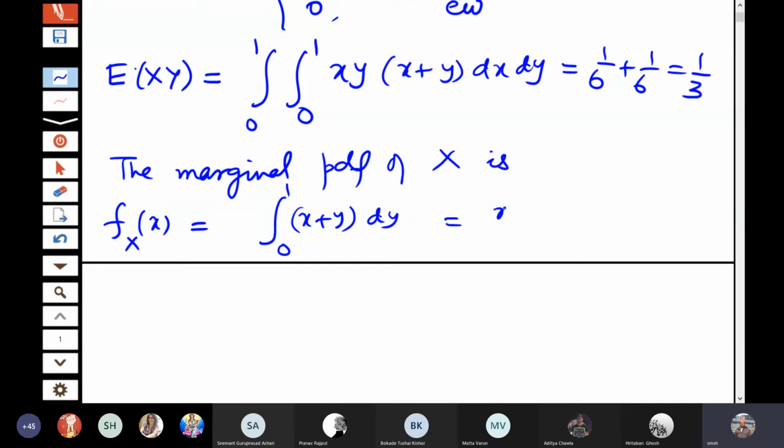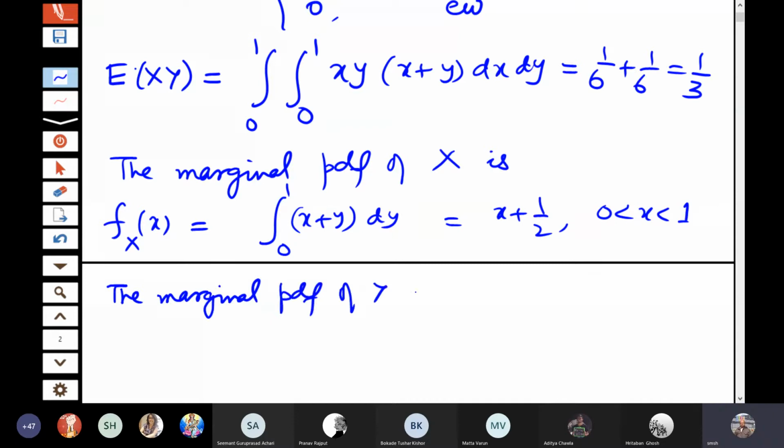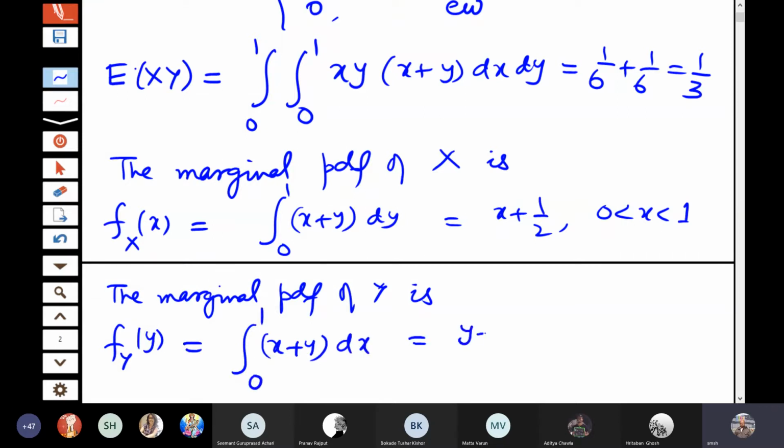So you get x plus half, that is the marginal distribution of x. Similarly, you can calculate the marginal distribution of y. Marginal PDF of y is obtained by integrating the joint distribution with respect to x. So that is equal to y plus half.